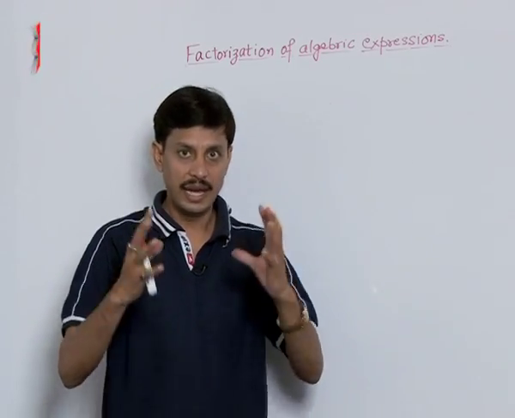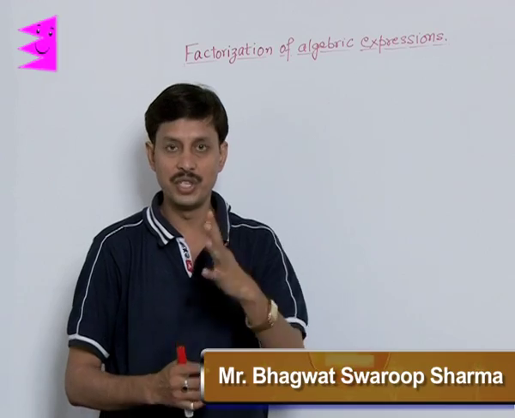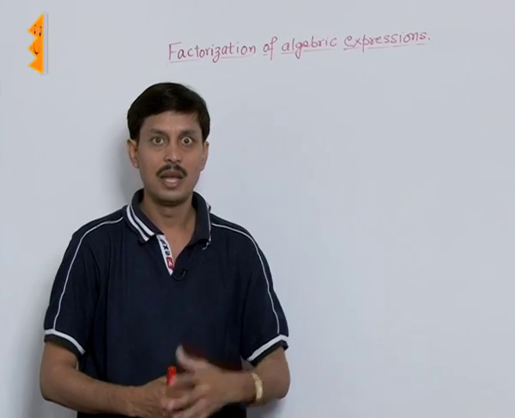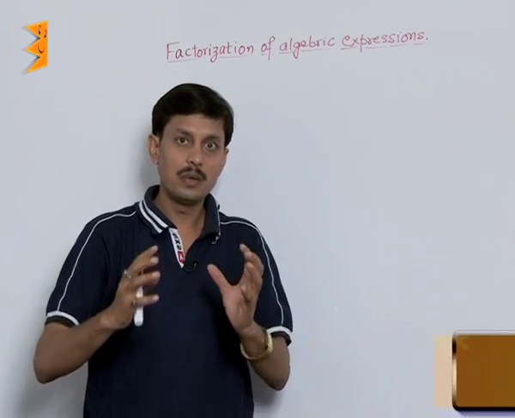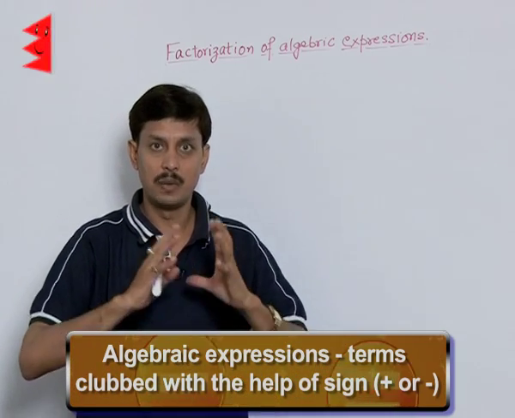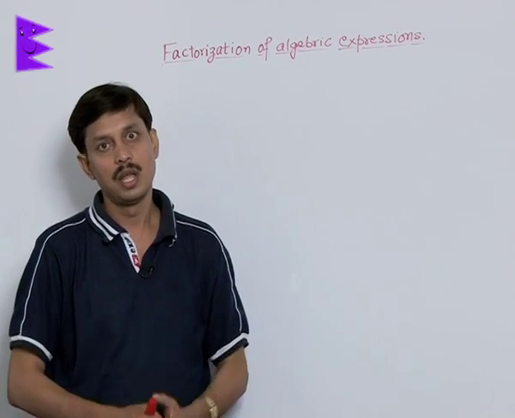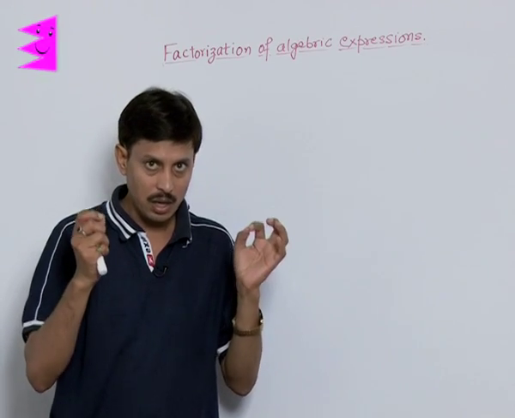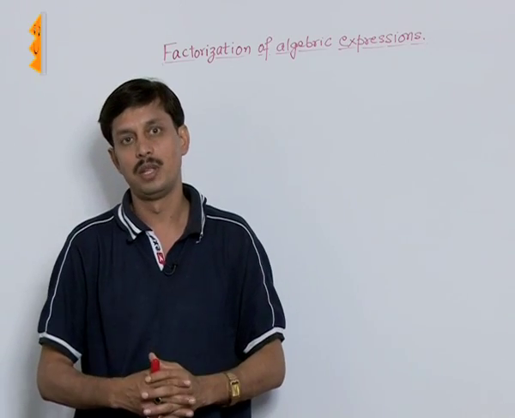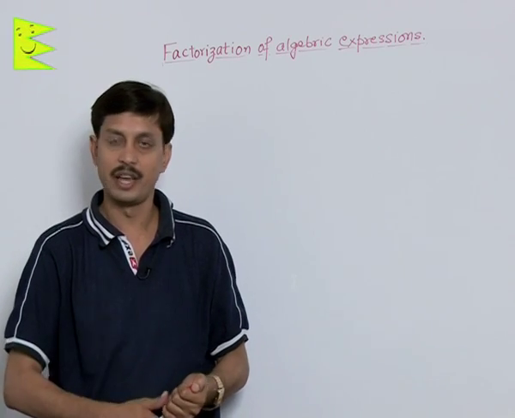As we know, an algebraic term has four things: sign, coefficient, which is a number, variable, which is an alphabet, and power. When few terms are clubbed with the sign of plus or minus, that becomes an algebraic expression. When the algebraic expression is decomposed and brought into its simplest form, that simplest form is known as the factorization of the algebraic expression.